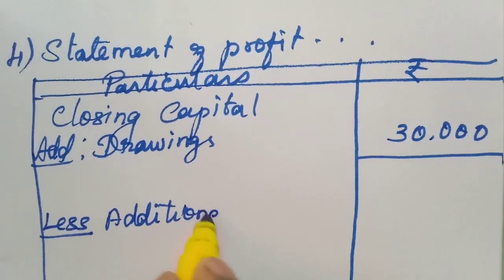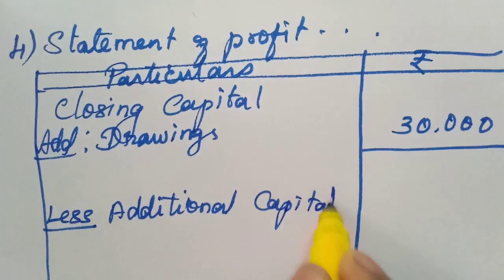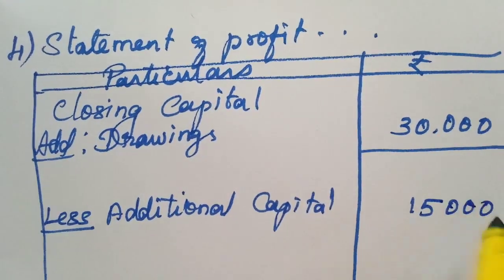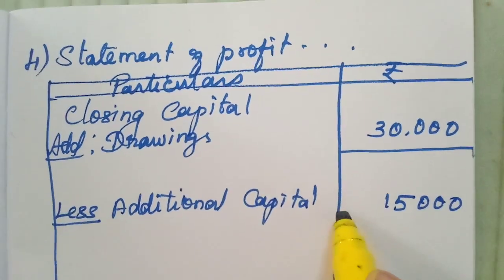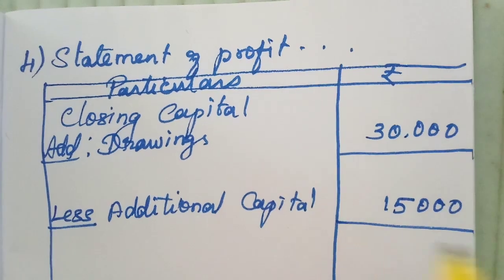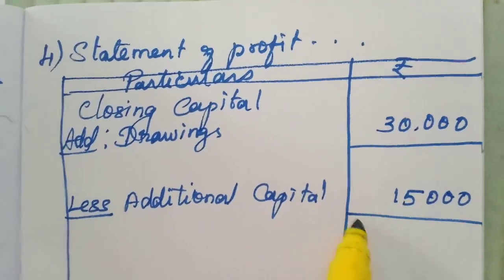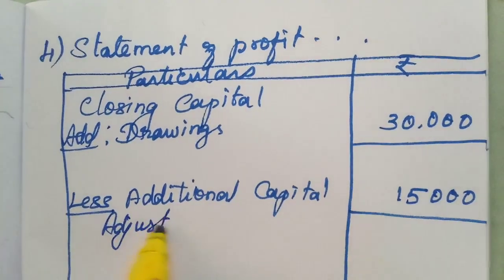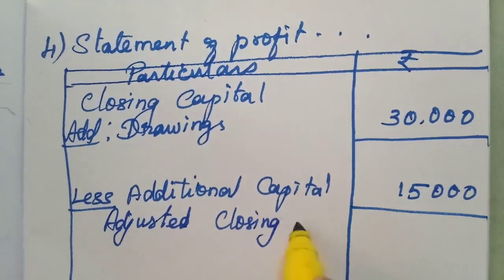Additional capital is given, isn't it? Additional capital 15,000. You write 15,000. This amount should be straight, 30,000, 15,000. Again draw line. Then write, we do not know this amount, but write here straight to this amount, adjusted closing capital.